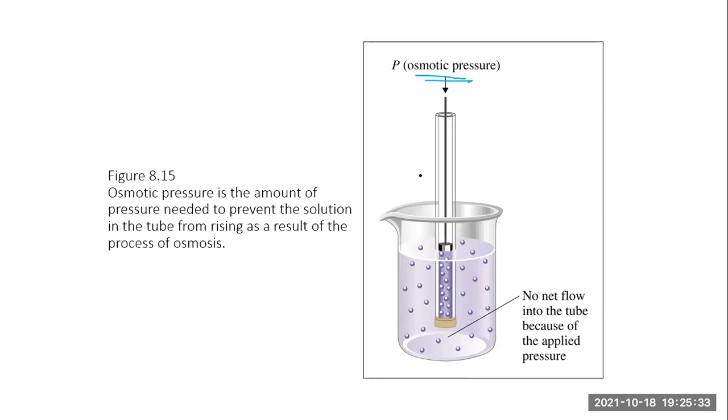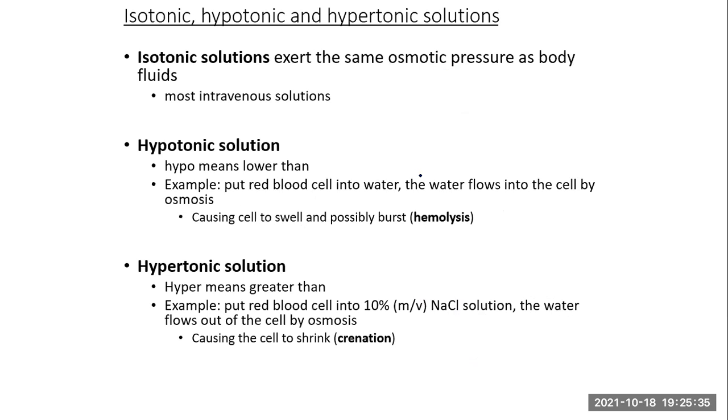There are also a few different ways that you can describe certain solutions. There are isotonic, hypotonic, and hypertonic solutions. Isotonic solutions exert the same osmotic pressure as body fluids, so most IV solutions are isotonic. What does that mean?